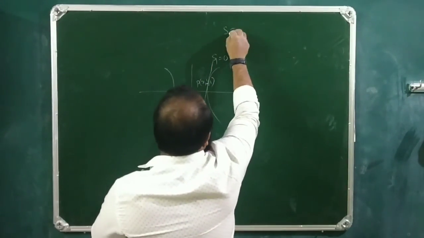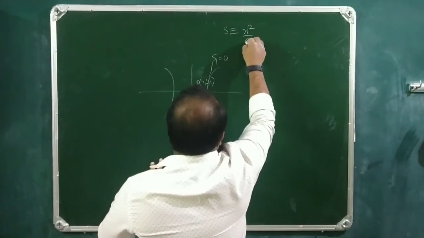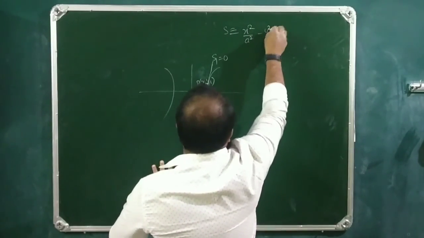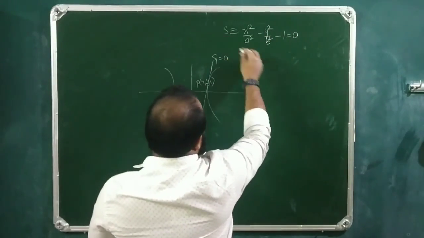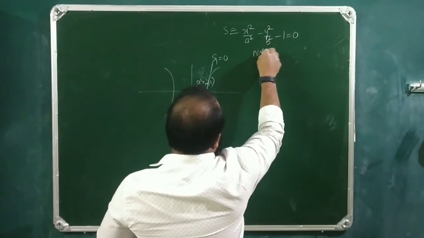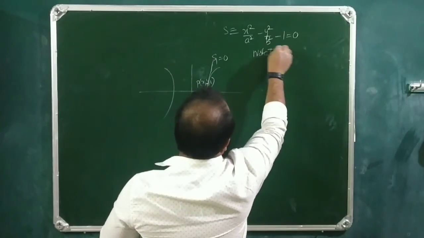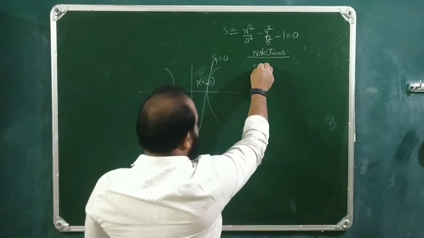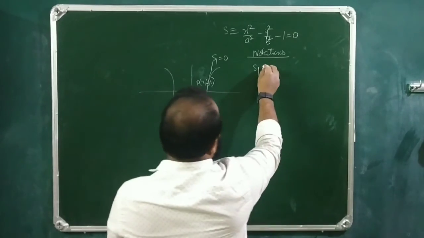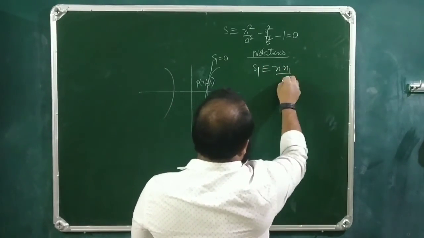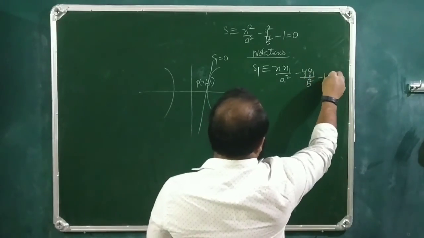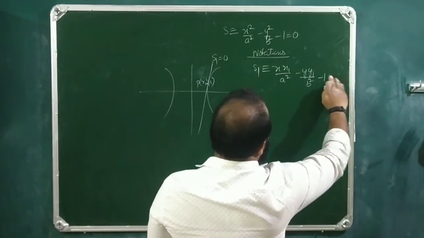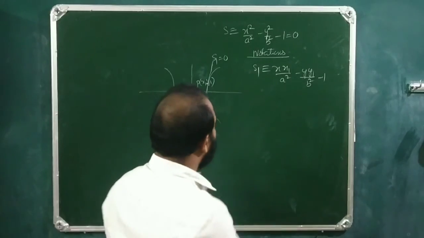So if S is x square by a square minus y square by b square minus 1 equals 0, the notations are also the same here. What is S1? xx1 by a square minus yy1 by b square minus 1 equals 0. So S1 is this.